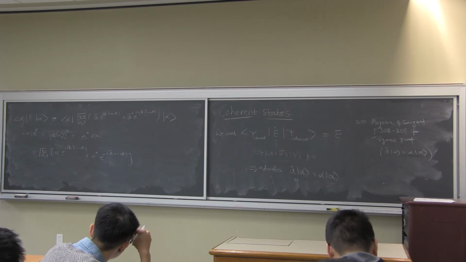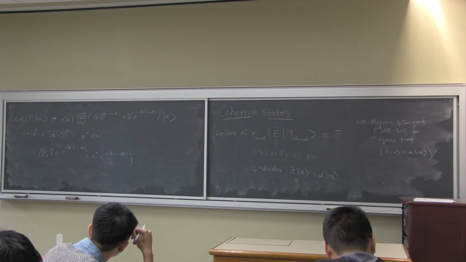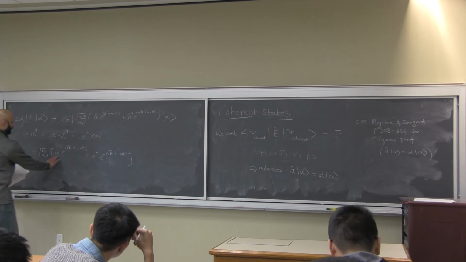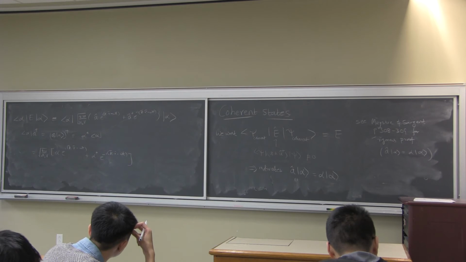And since alpha is a complex number, essentially what we have done is define the coherent state such that it characterizes the amplitude of the electric field. Clearly, alpha, the eigenvalue, is characterizing the amplitude of the electric field in this mode.